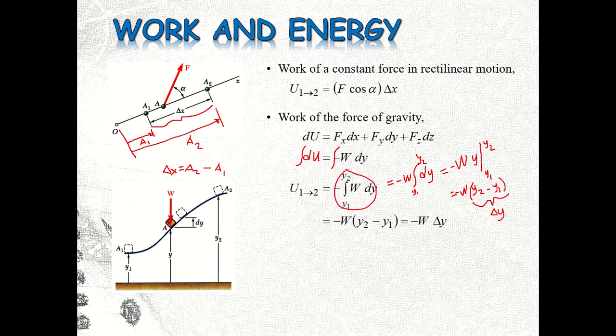So that's why we have the work of a force from A1 to A2 equal to minus W times delta Y. Take note that our delta Y is approximately equal to dy. All right, so this is delta Y.